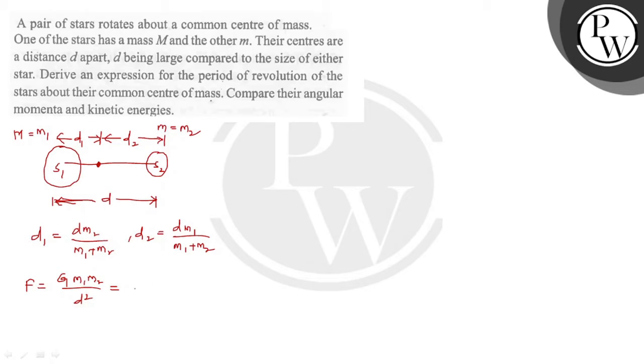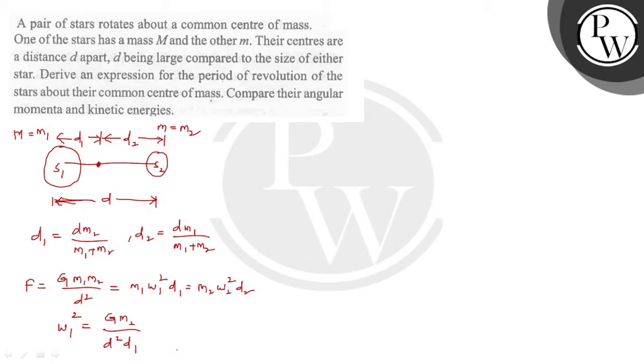Therefore m1 omega 1 square d1 equals m2 omega 2 square d2. So omega 1 square is equal to G m2 by d square d1.